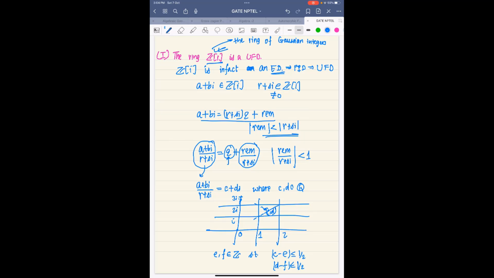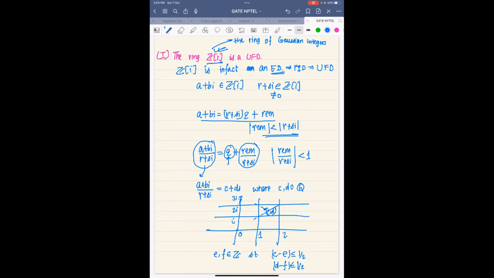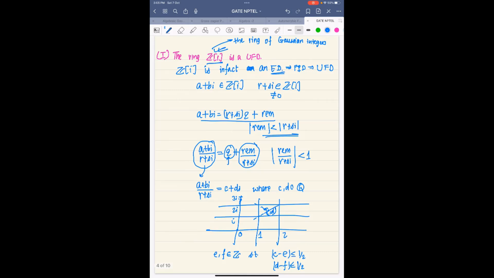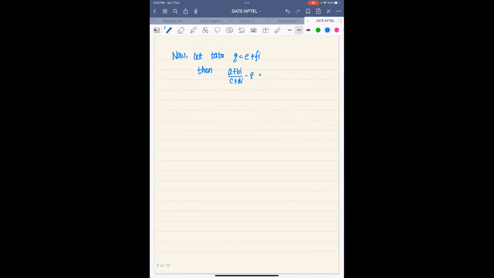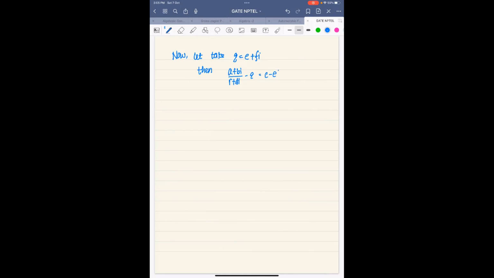Now let us take Q equal to E plus Fi. Then A plus Bi over R plus Si minus Q is equal to (C minus E) plus (D minus F)i.